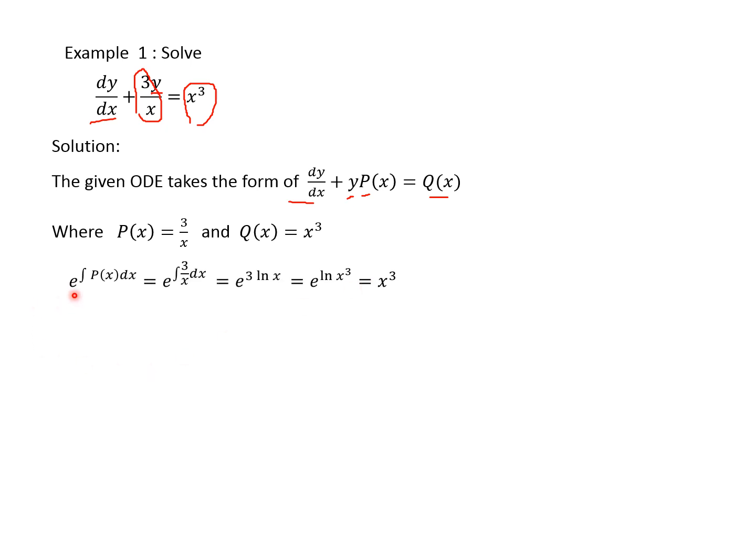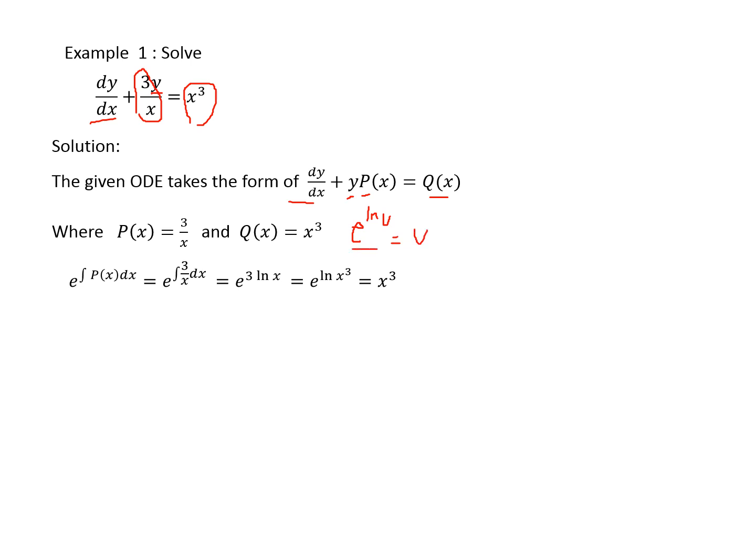The integrating factor is e to the integral of P(x) dx, which is e to the integral of 3/x dx, which is e to the 3 ln x, which is e to the ln x³, which is x³. Always remember, because we will be dealing with this always, that e to the ln of u is u. That is the rule of logarithm.